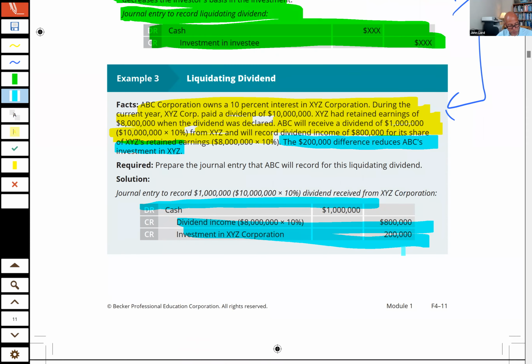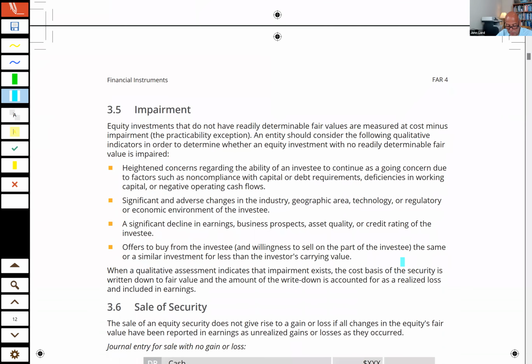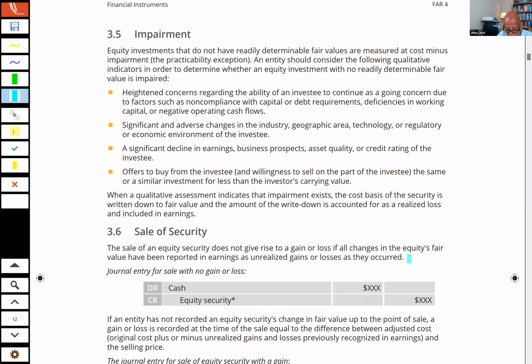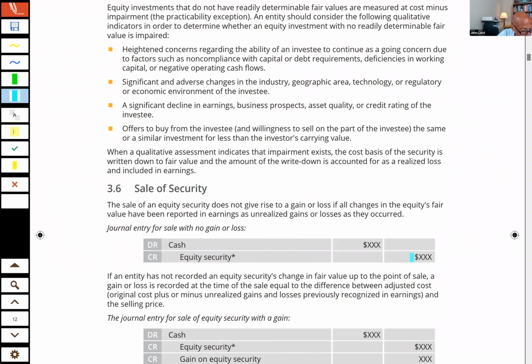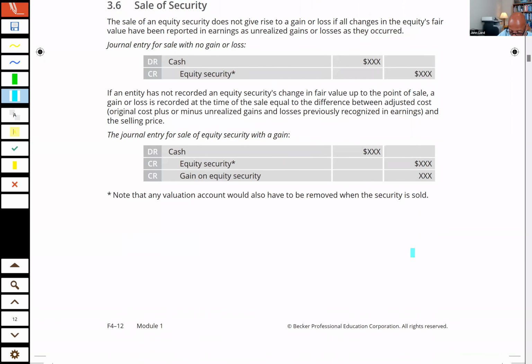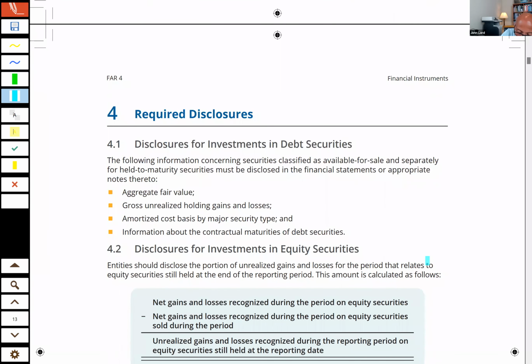Okay, now let's come over and look at required disclosures, okay? And I almost always have you flashcard disclosures.